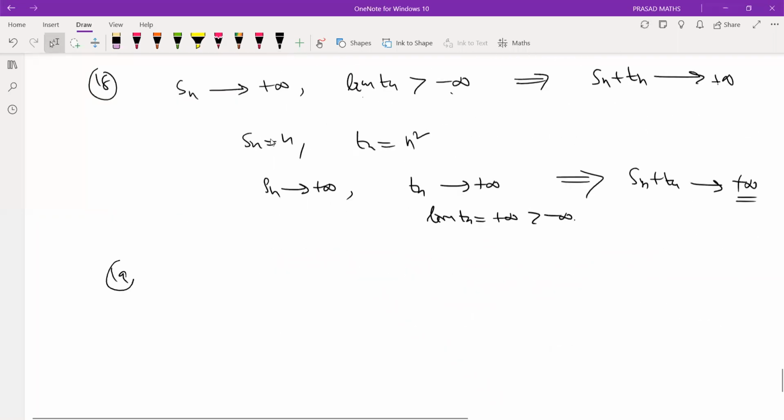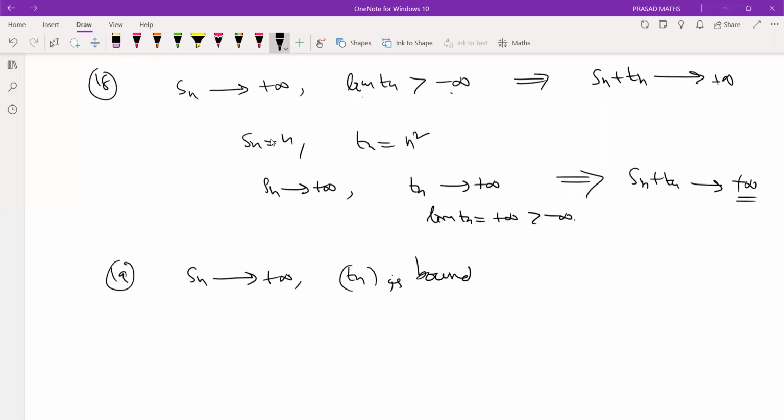Next, Sn diverges to plus infinity, and whenever Tn is bounded, obviously Sn plus Tn diverges to plus infinity. Suppose we take Tn equals minus 1 to the power n over n.